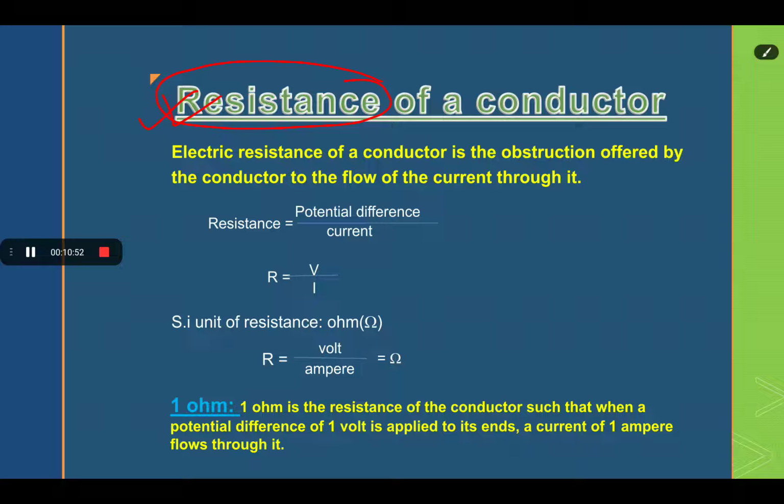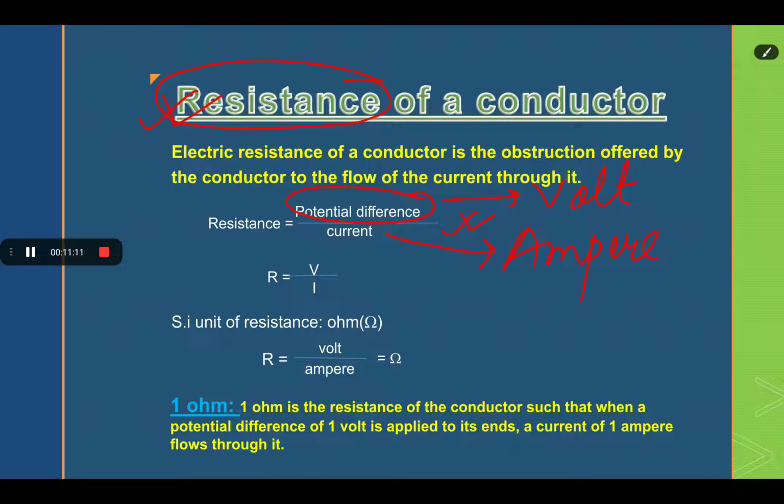For the calculation of resistance, we use the formula resistance is equal to potential difference by current. We know that the SI unit for potential difference is volt, and the SI unit for current is ampere.